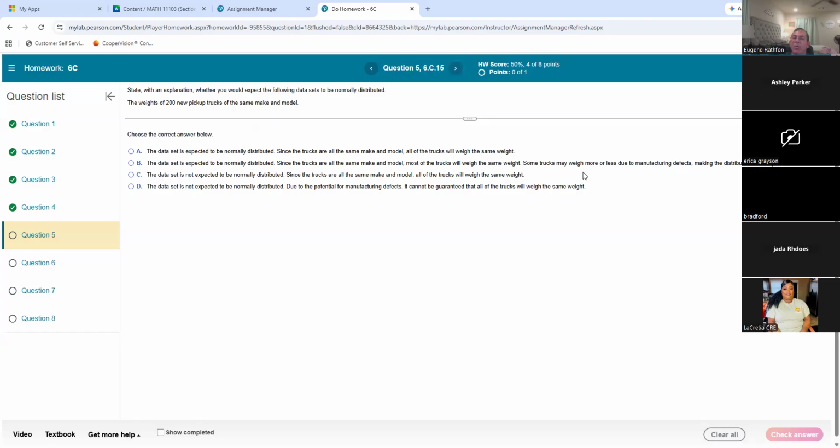And then some may weigh more or less due to manufacturing defects, making it normally distributed. Hey, y'all, if they're all the same weight, then you won't have no variation at all. Okay, you just have a single line there. So we're looking for the bell-shaped curves, okay?